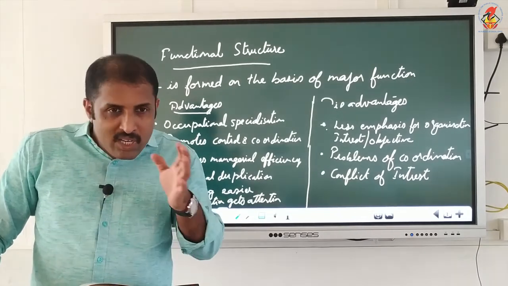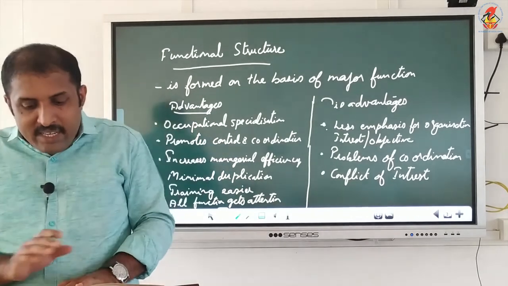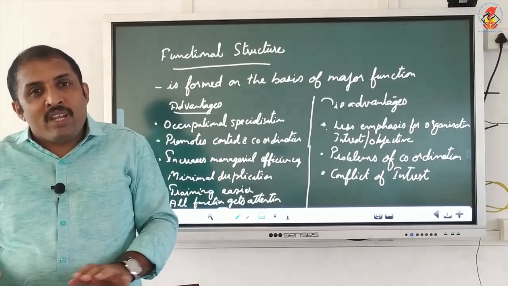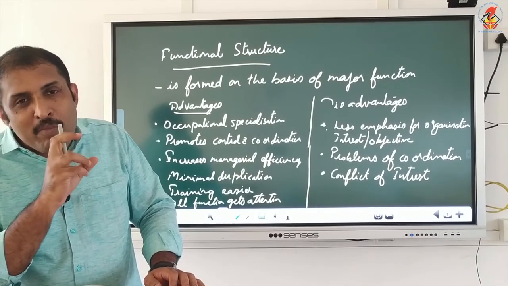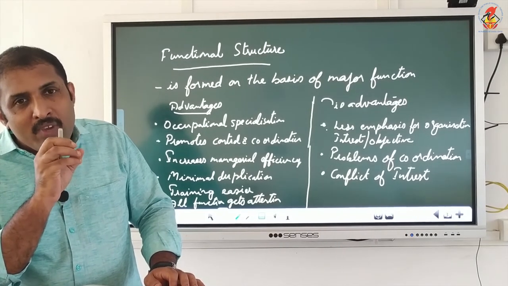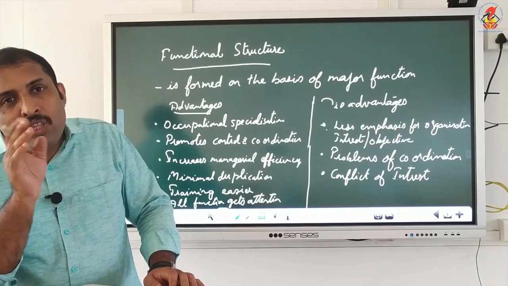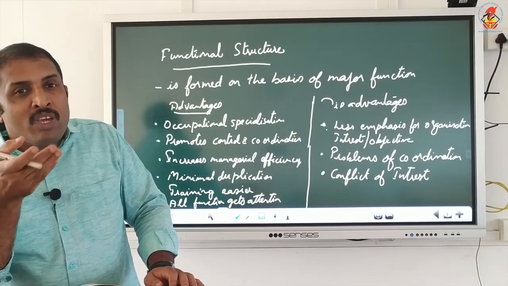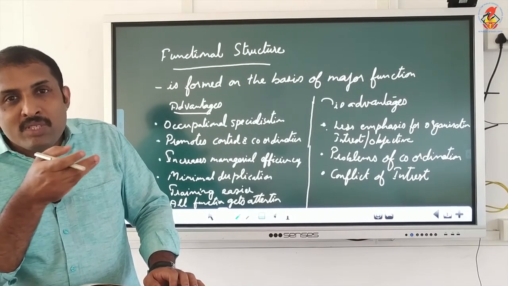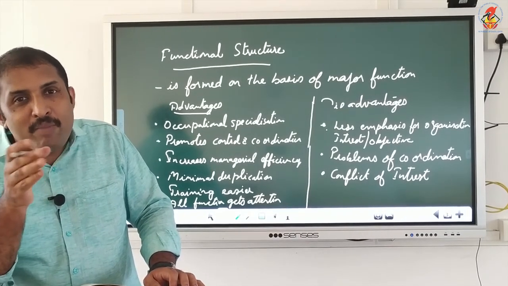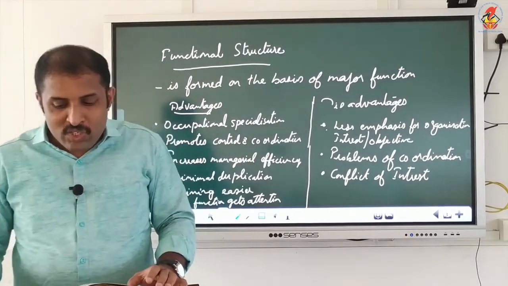Because different departments have different interests, this can create a conflict. One department says we have to produce things at lower cost, another says ignore the cost, make it in such a way that customers welcome it. So many times inter-department conflicts can be there in a functional structure.